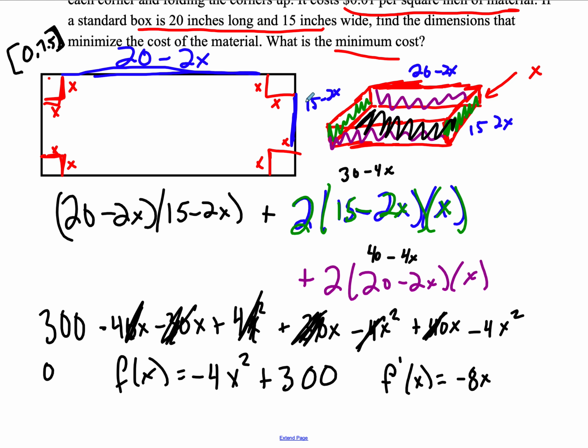So in all likelihood, we notice that the critical number here is 0. So we would try that. So we would get 20 and 15 as those dimensions, giving us 300 square units.